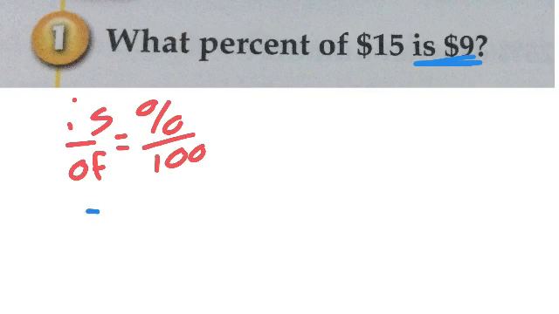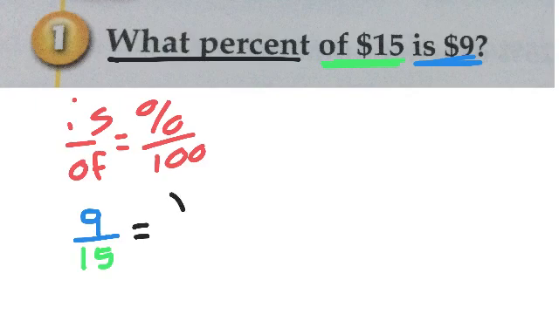So $9 is going to be my is. Of $15. So 15 is going to be my of. And then it wants to know what the percent is. So that's what I'm looking for. So let that be x. And then that percent is always over 100.